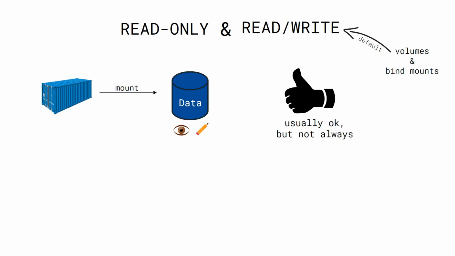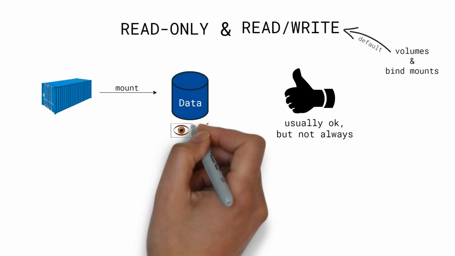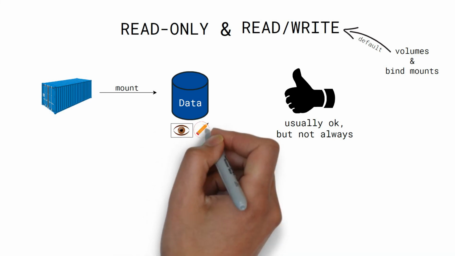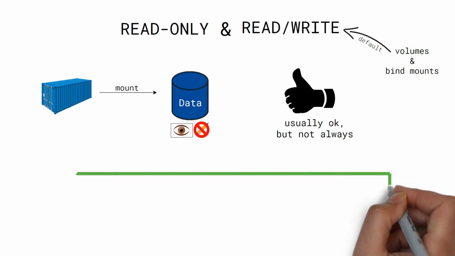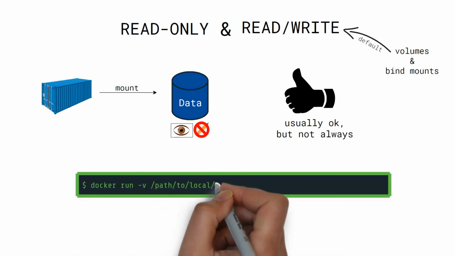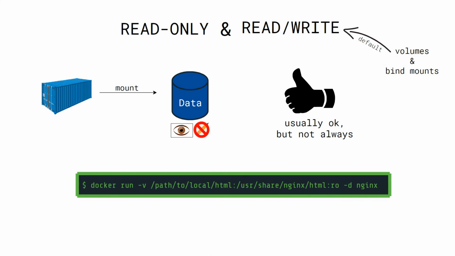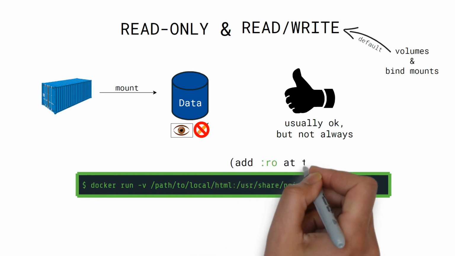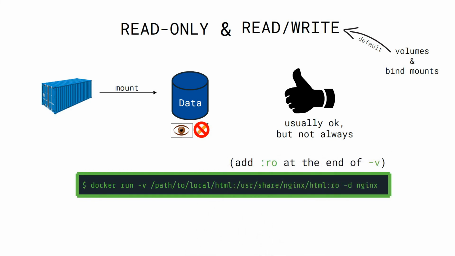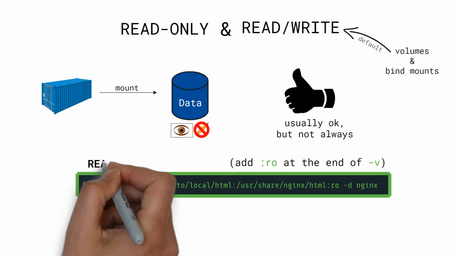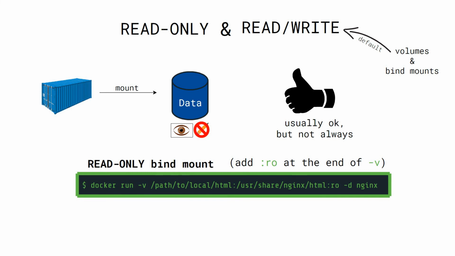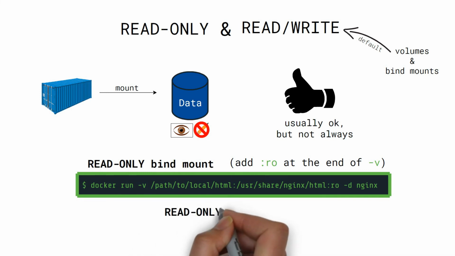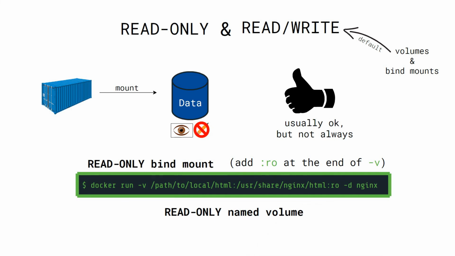That is, when we strictly need to give read access to the containers but not write. A mount can be specified to be read only by adding the :ro at the end of the -v option of the Docker run command. Here's an example of a read-only bind mount. And here's the same example using a named volume.